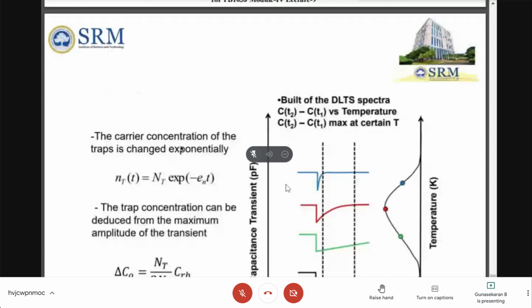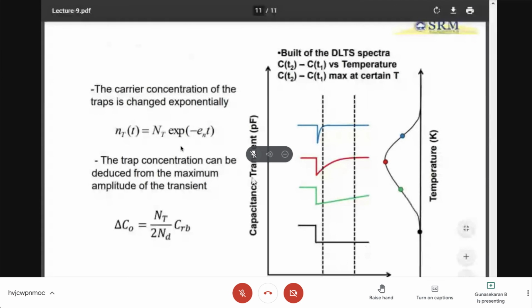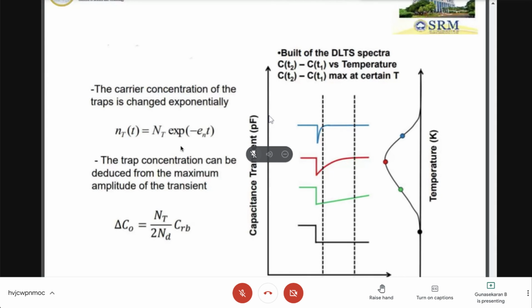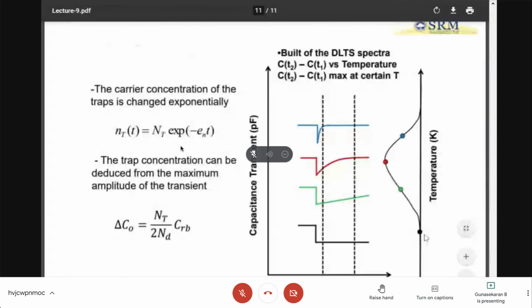Then with respect to temperature, the capacitance timing with different time intervals. I think this graph is not necessary, but anyway, they will give certain things here. At room temperature, and as temperature goes on increasing, see how they vary with temperature in this curve.